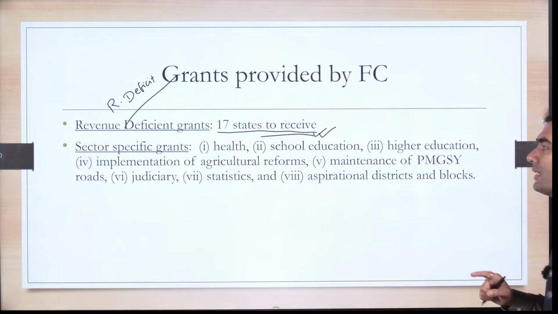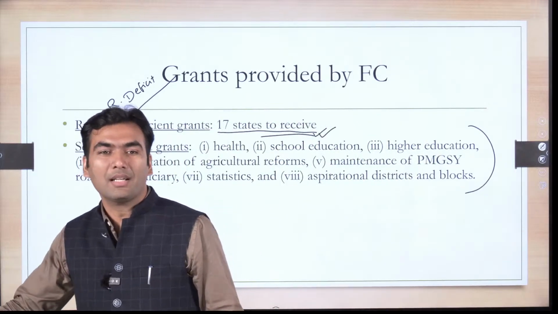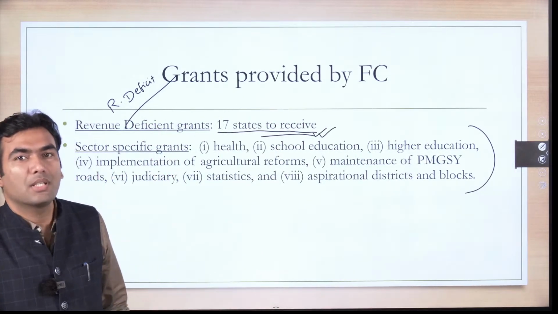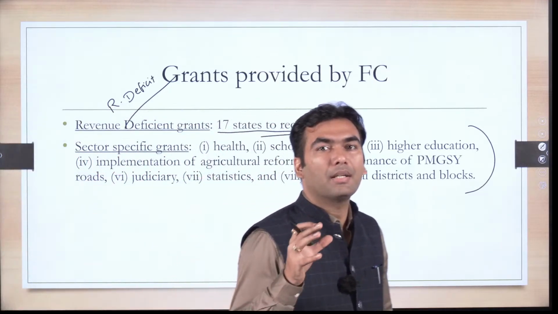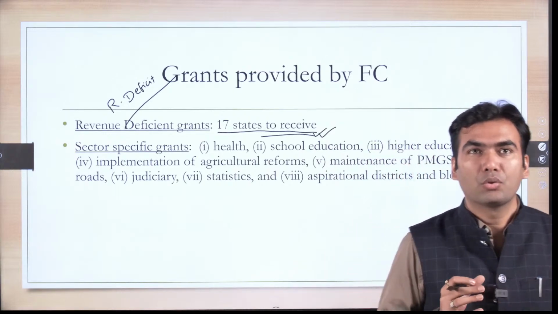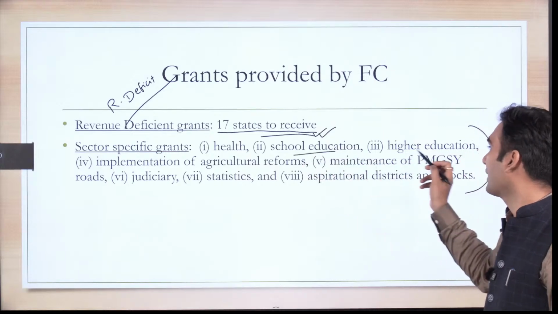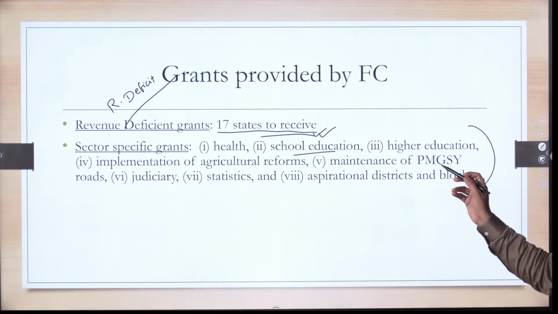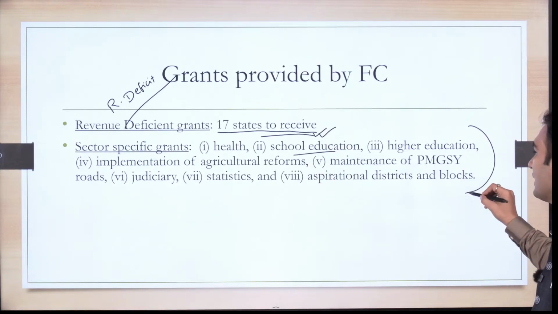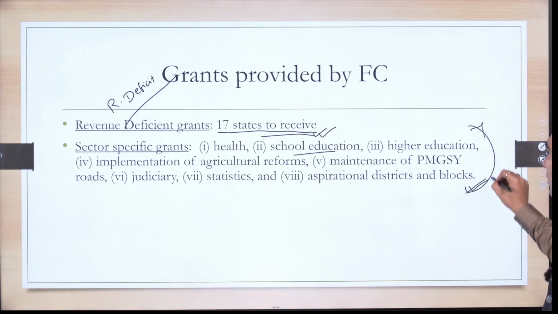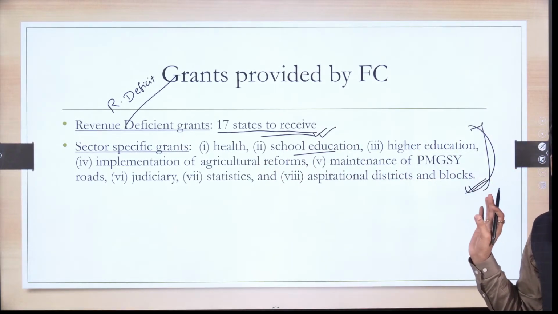Next are some sector specific grants, because these are sectors which, as a matter of national policy, are important. They have been declared important by the central government. To implement various measures in sectors like health, school education, higher education, agriculture reform, maintenance of Pradhan Mantri Gram Sadak Yojana, judiciary, statistics, and aspirational districts, these grants can only be spent for these particular purposes.